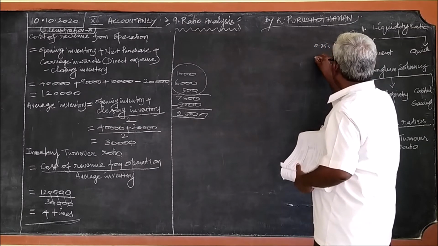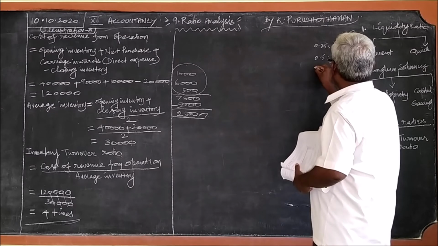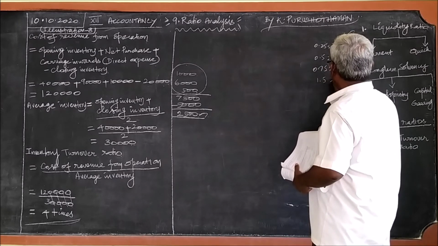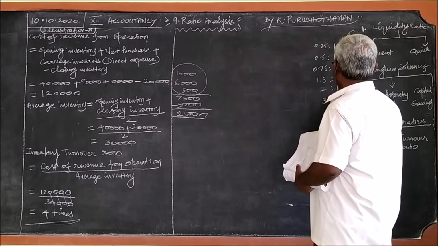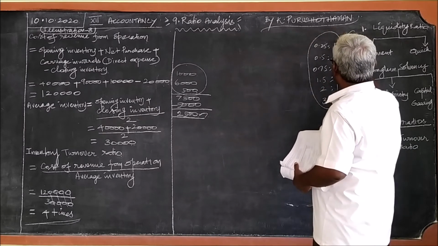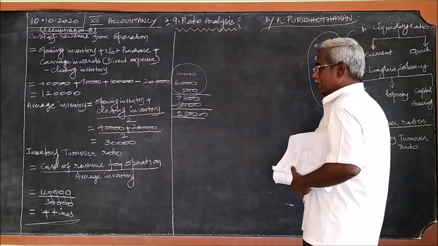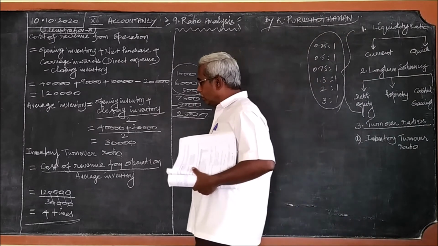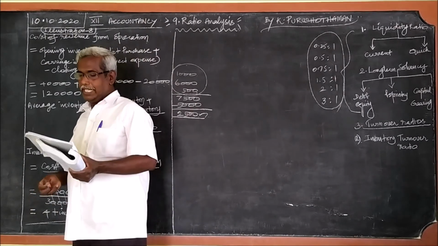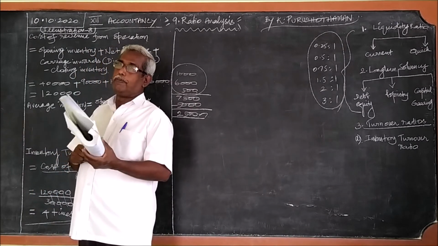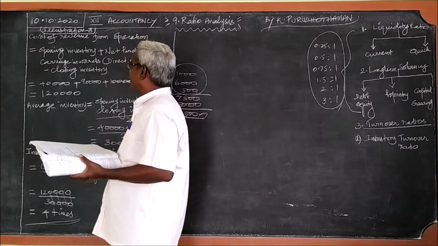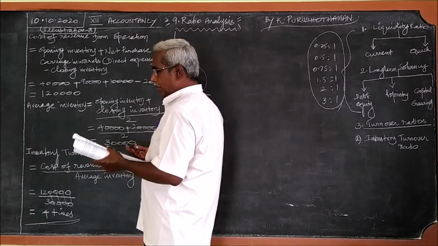You will write in the form of a ratio. But here you do the actual division and write the answer in times. This is one part of the question.